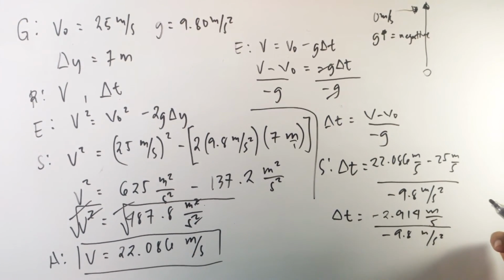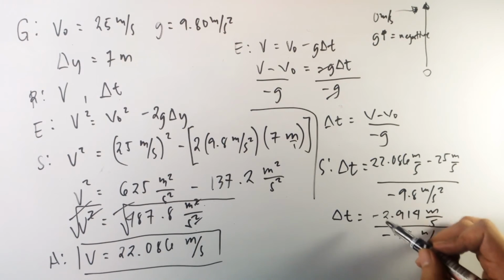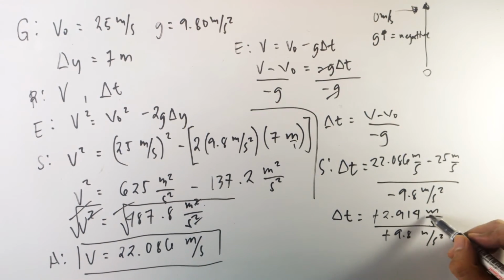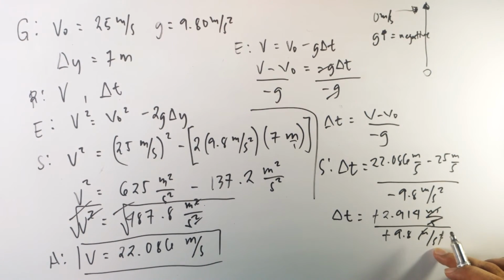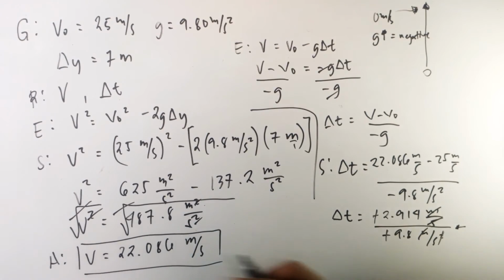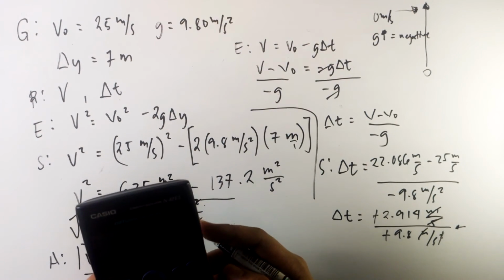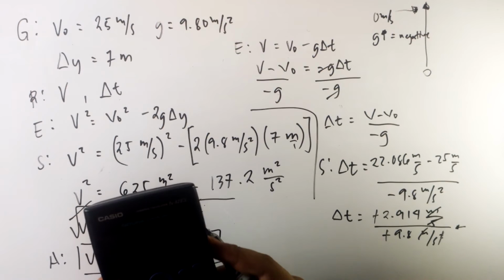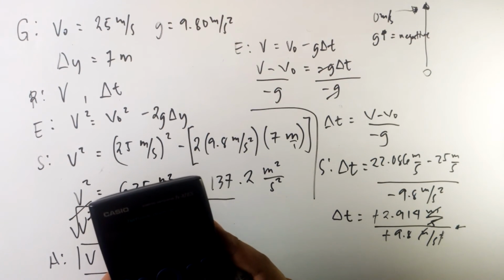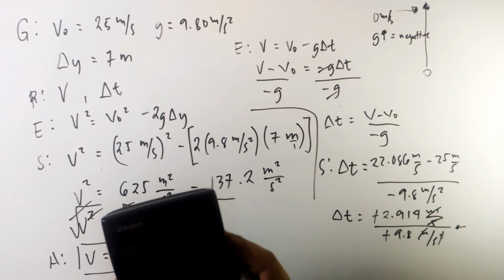You're going to notice they are both negative, so cancel that. Then for the units, you just cancel the meters and one of the seconds. Since this is in the denominator, it's going to be transferred to the numerator after doing a reciprocal, because the operation here is division. So 2.914 divided by 9.8.